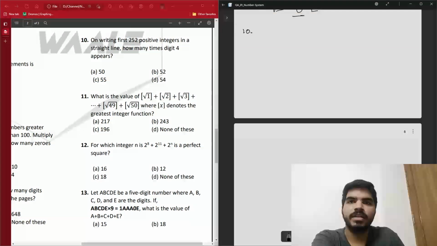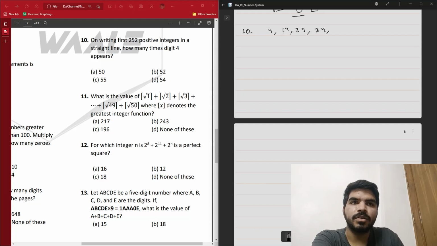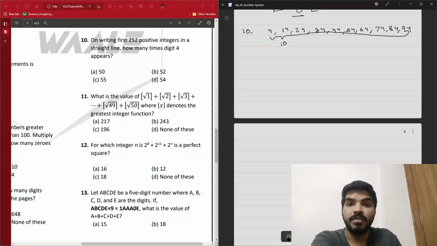Now in the first 100 numbers, from 4 to 94, that means 4, 14, 24, 34, 44, 54, 64, 74, 84 and 94. How many times did this come? This is 10 times. But we also have the series 40, 41, 42, 43, 44, 45, 46, 47, 48, 49.